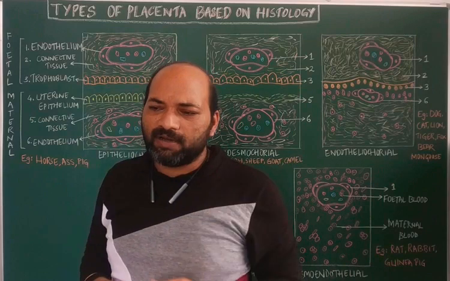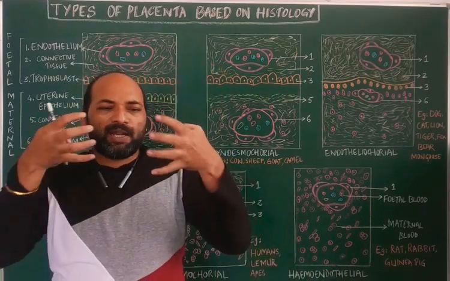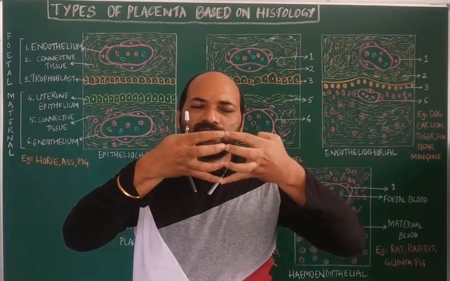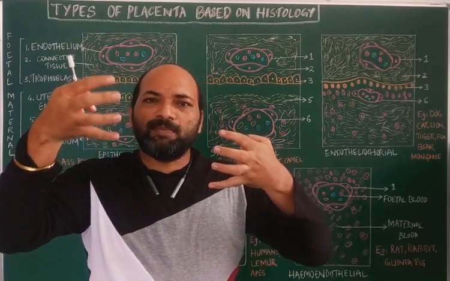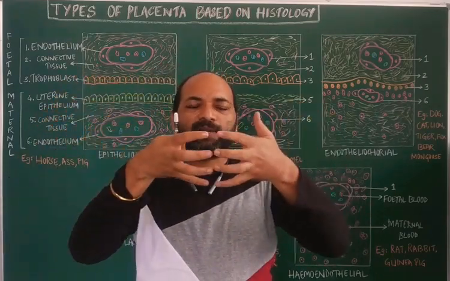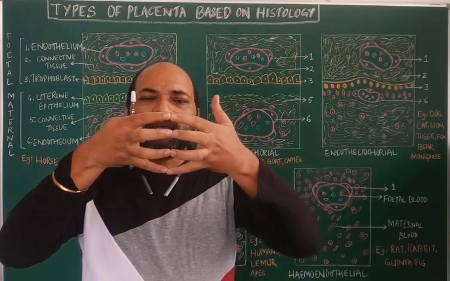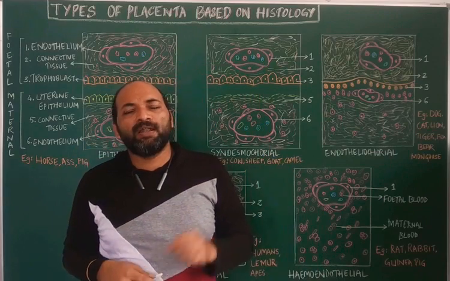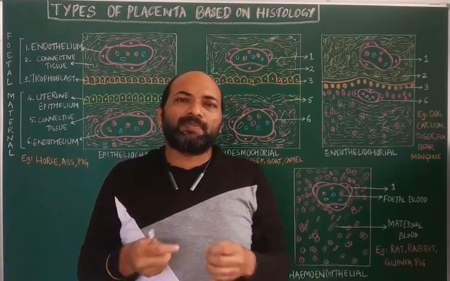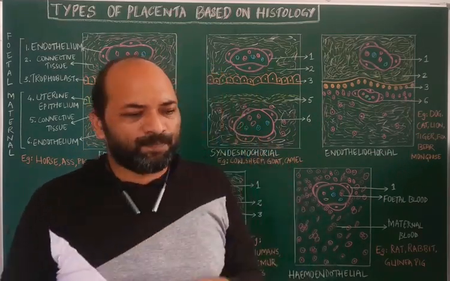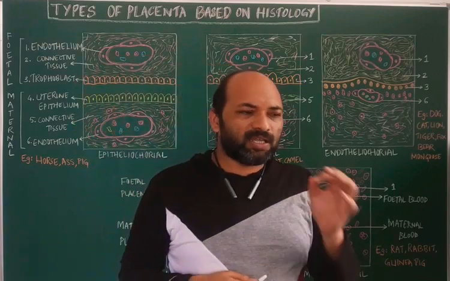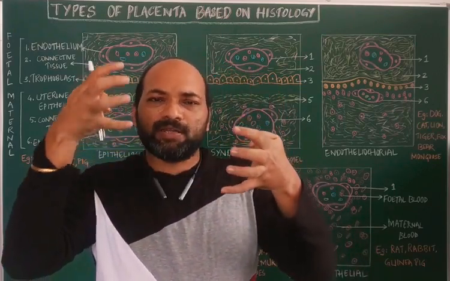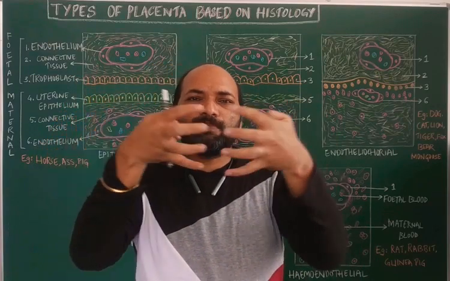And I have told you that the blood vessels are not in direct contact with each other, which means the maternal blood vessels and the fetal blood vessels are not directly in contact. What are the possible reasons why they are not connected to each other? The first thing is there may not be compatibility between the maternal and the fetal blood vessels.